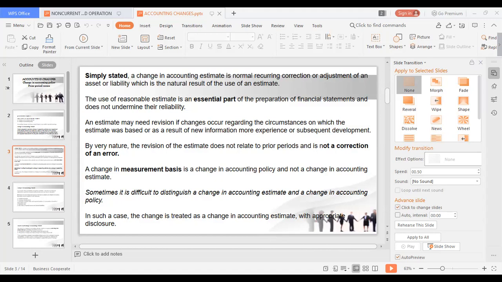So we have now in number 12, the reduction in the carrying amount of inventory on December 31, 2019 of 280,000 is a prior period error in the 2020 retained earnings.